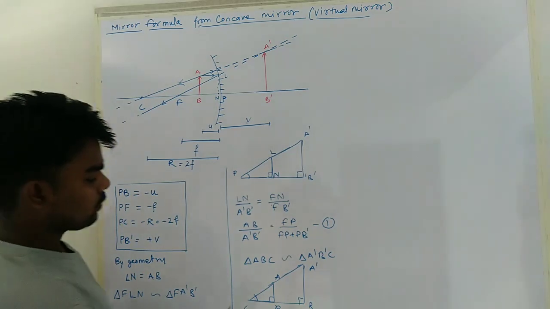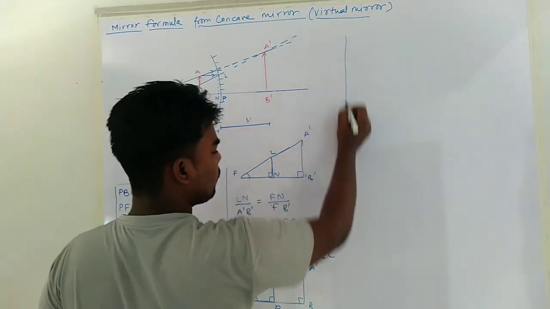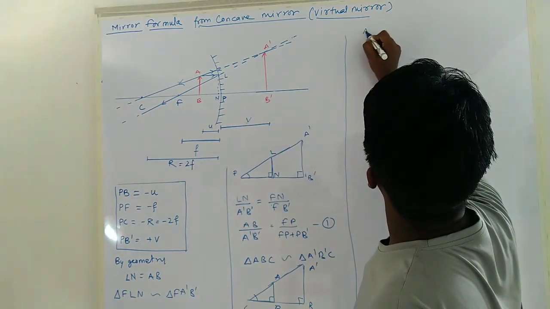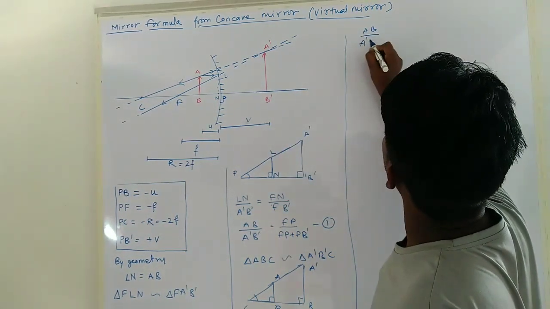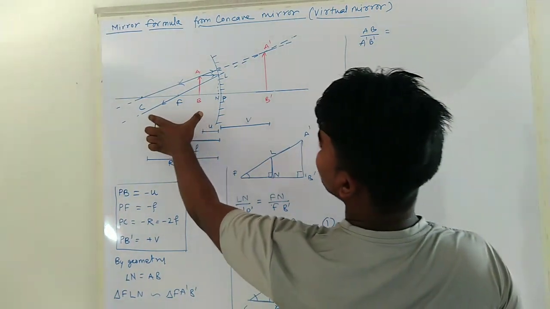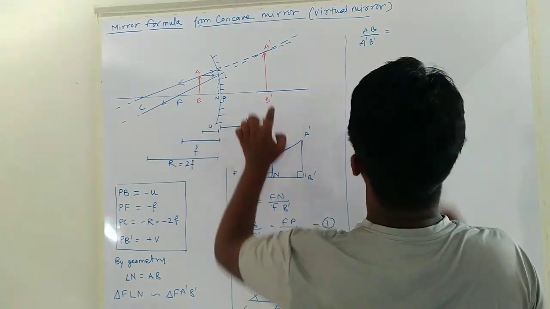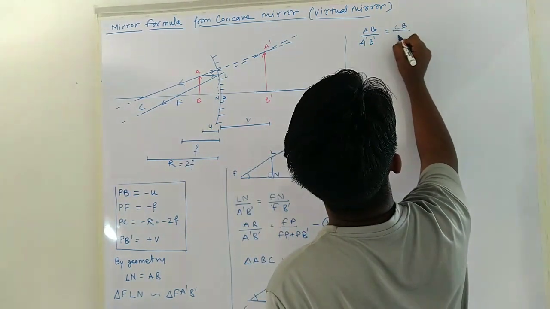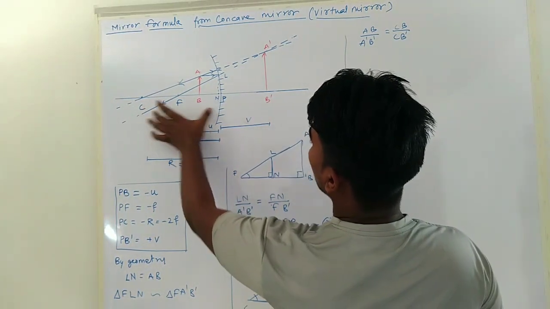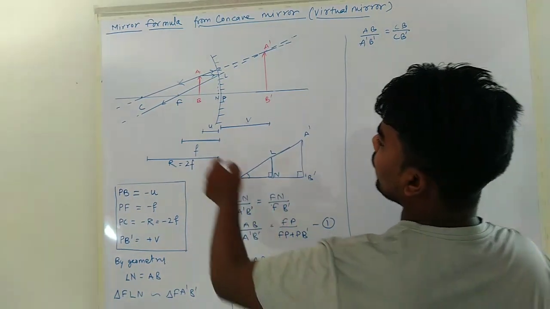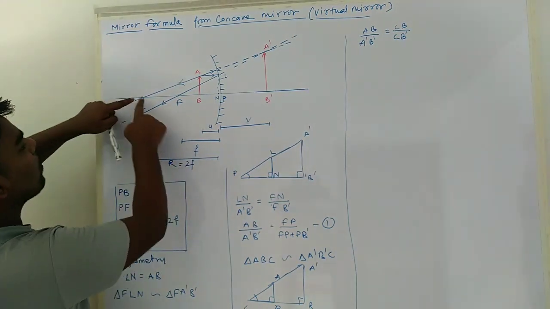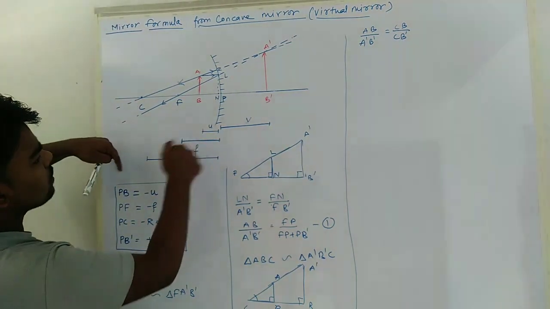So here also we can write AB upon A'B' is equal to CB upon CB'. Now for CB, from here to here we don't have any values.